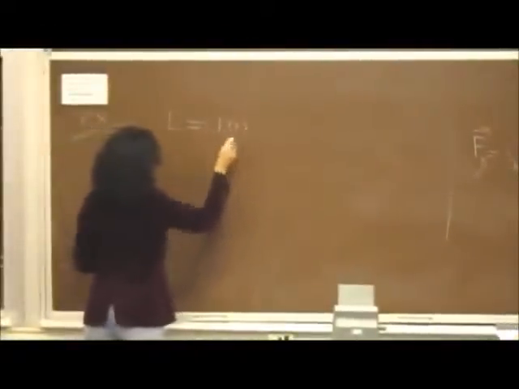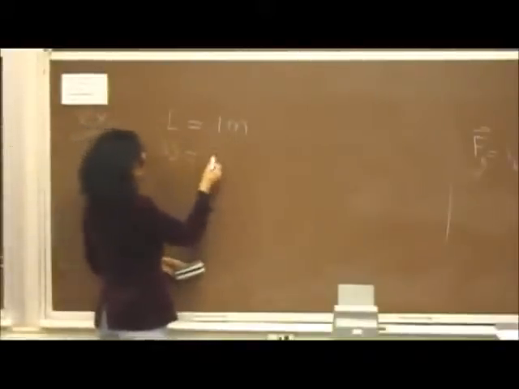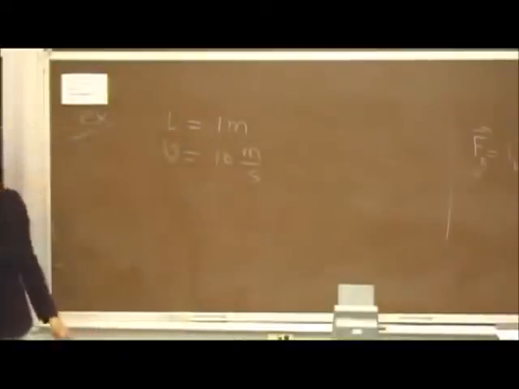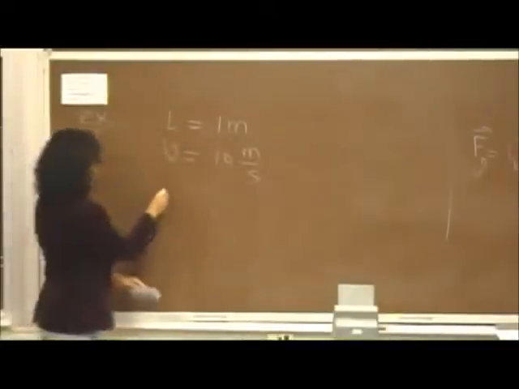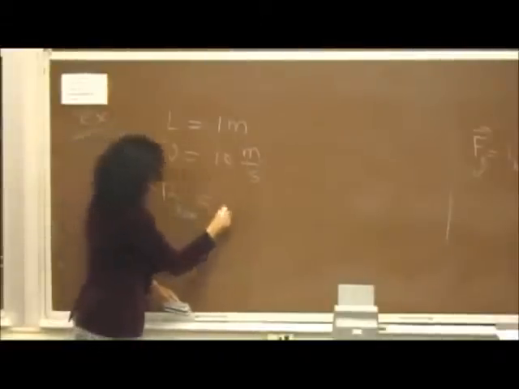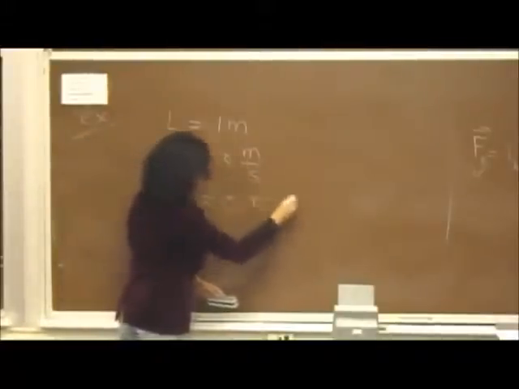Here the example said the rod's length is, let's say, 1 meter. You are told that the speed with which you're moving is, say, 10 meters per second. And the external magnetic field in which this thing is, the crosses, has a strength of 0.5 Tesla.